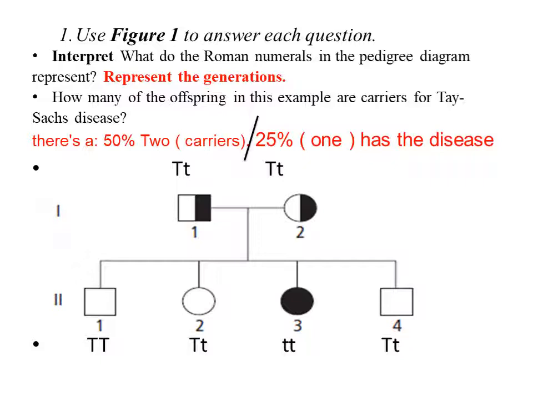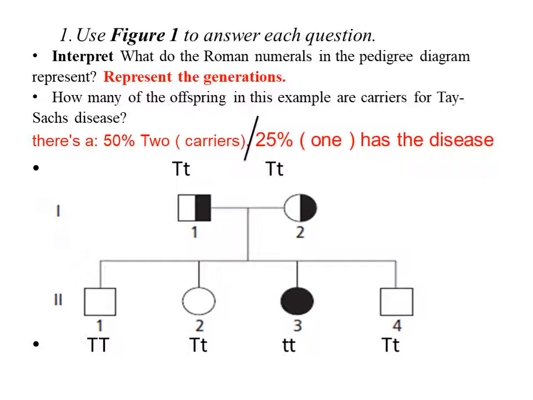When the individual is shaded, it is a carrier. But in the offspring, none are shaded. So you have to predict the genotype of this disease. I wrote the genotypes here.